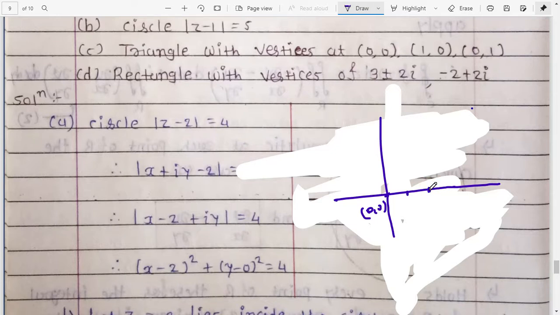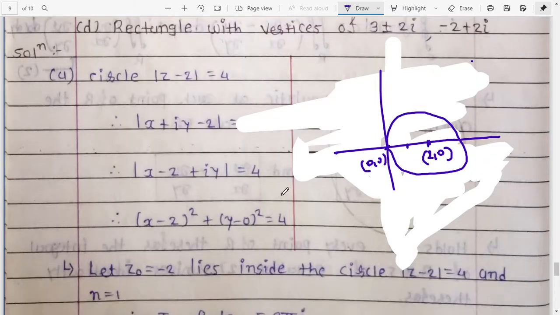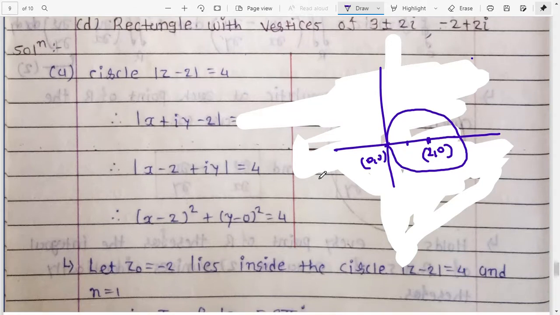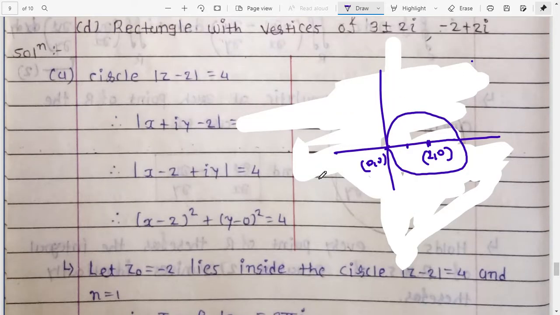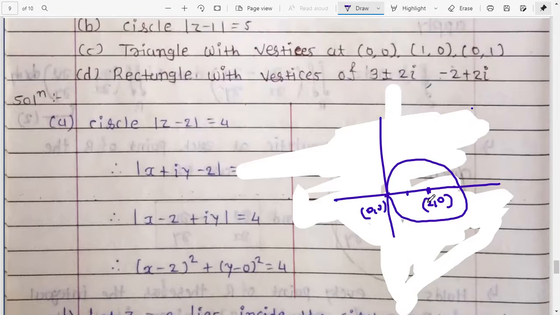So the center is here, radius 2. This is minus 1, minus 2.